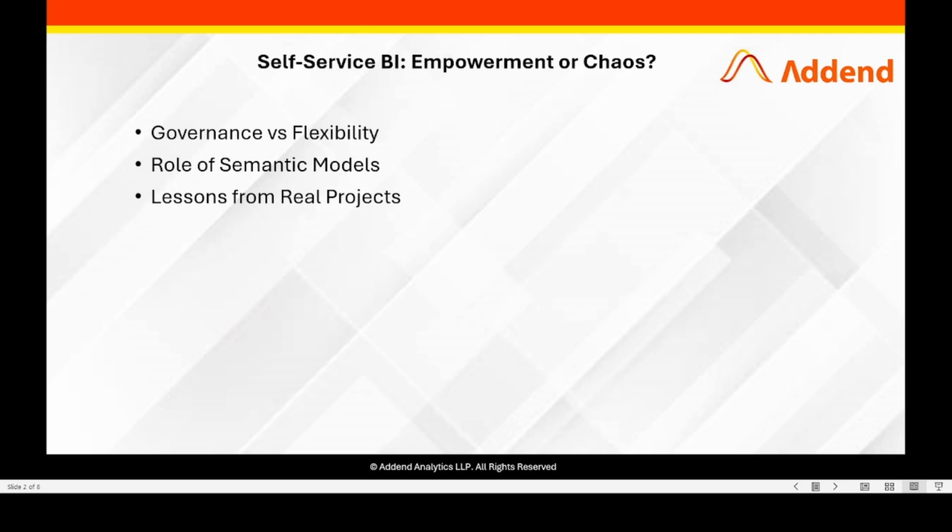Some organizations achieved speed and agility, while others experienced confusion, inconsistent metrics, and loss of trust. In this session we are going to explore whether self-service BI truly enables empowerment or actually creates chaos by examining governance versus flexibility, the role of semantic models, and lessons learned from real enterprise BI projects.